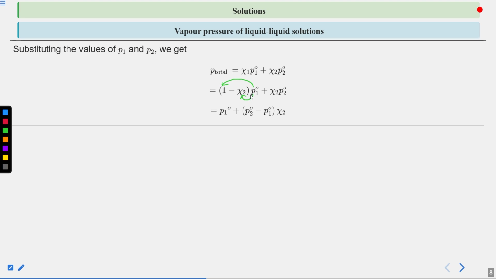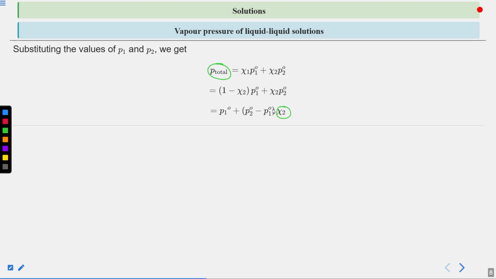Then, if you multiply, we see P01 minus P01 chi2 plus chi2 P02. We have chi2 common in both of these, so we have taken chi2 common, and our final equation goes like P01 plus, in the bracket, P02 minus P01, into chi2. This is your final equation, and here you can see that our P total and chi2 are related to each other.